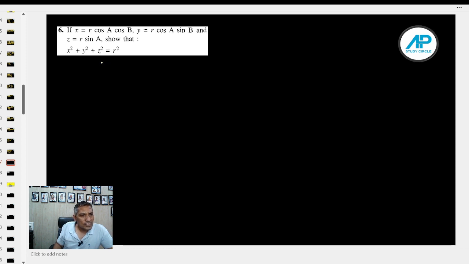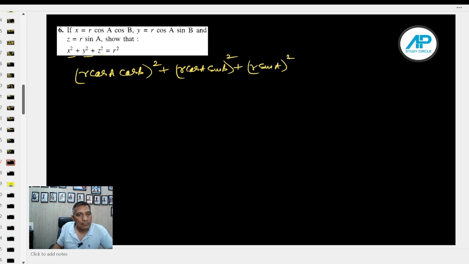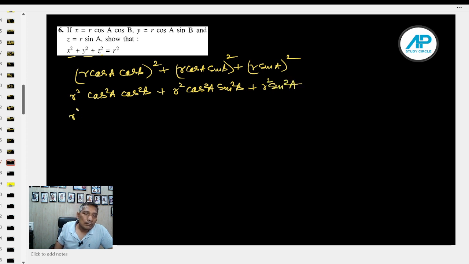So this is a repeat question as we had earlier. So I simply replace x, y, z. Take out r squared cos squared a common.